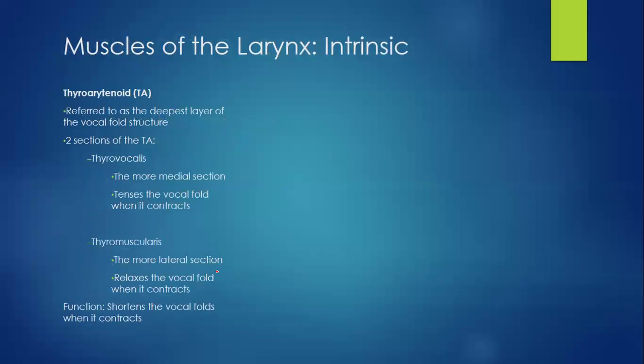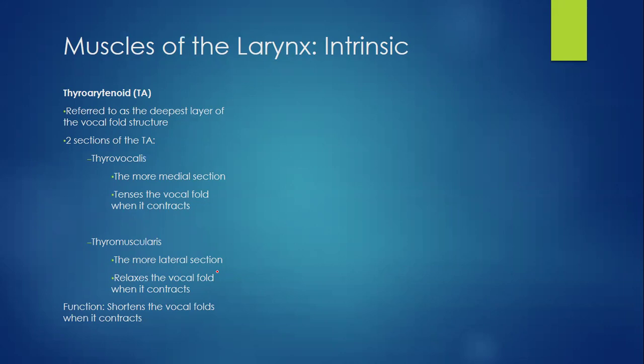So the first intrinsic muscle that I want to introduce you to is the thyroarytenoid muscle, or the TA muscle. And this muscle refers to the deepest layer of the vocal fold structure. So when I gave you the vocal fold structure, the epithelium, superficial layer, intermediate layer, deep layer, the last layer is the TA muscle, the thyroarytenoid muscle.